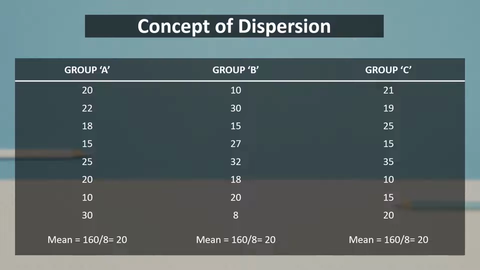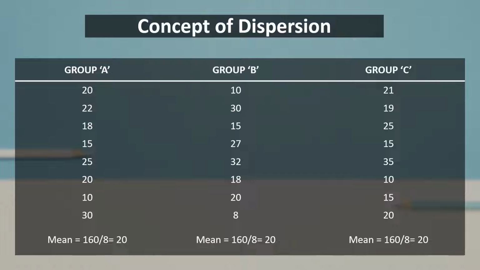Here on your screen you see a table of scores. The total number of students, n, is 8 in each of the 3 groups, group A, group B and group C, and their scores are also given. 8 scores are given in group A, 8 scores in group B, and an equal number of students' scores are also presented in group C.